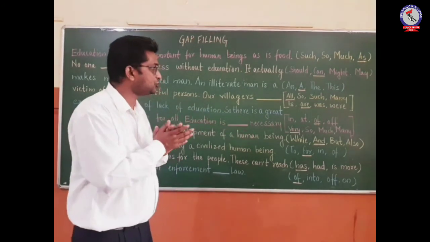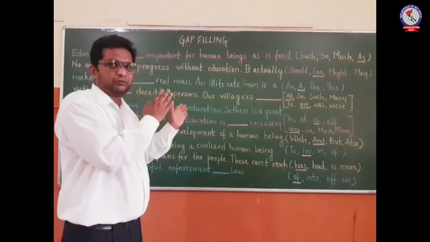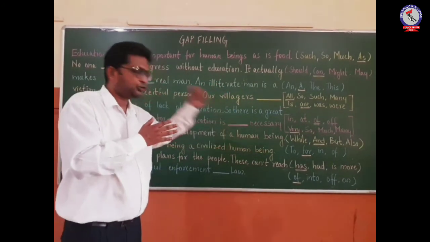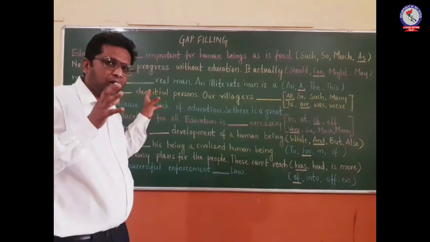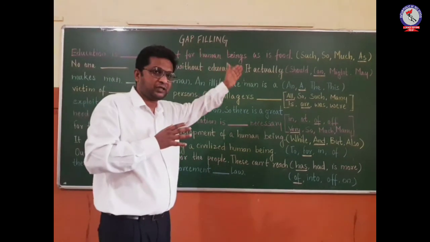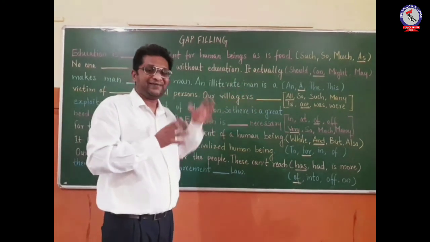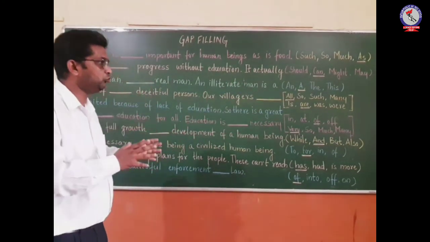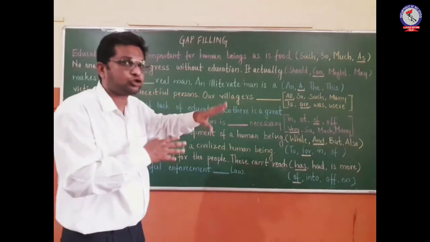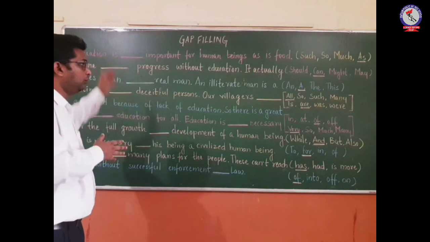So you must have a thorough understanding of these things like determiners, articles, prepositions, conjunctions. Then only we will be able to make the right choice, and select the right answer from the given options and fill the gaps.